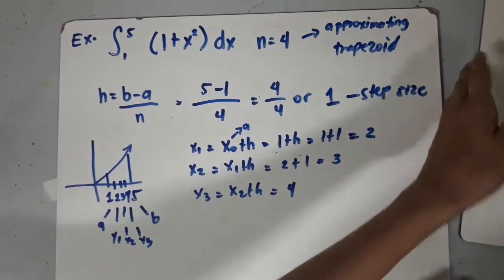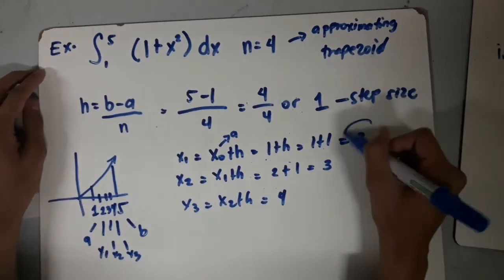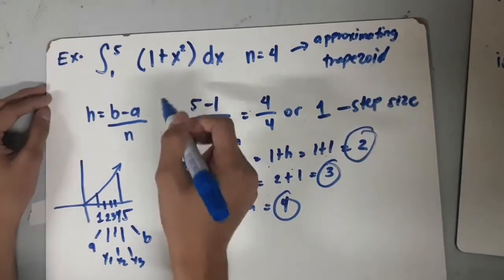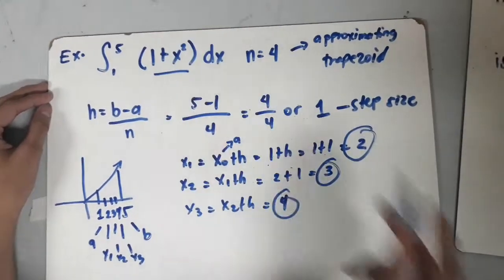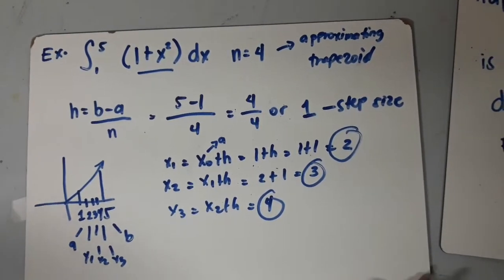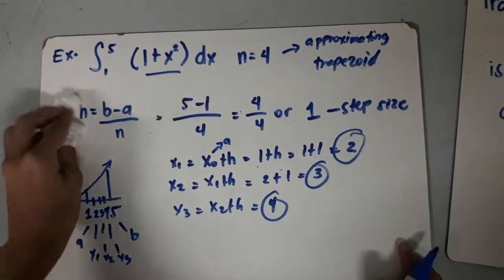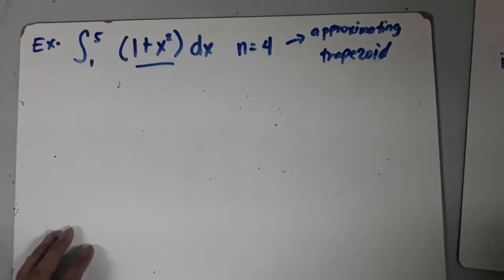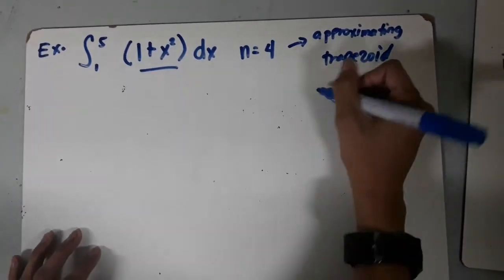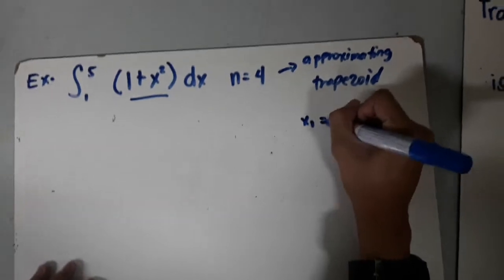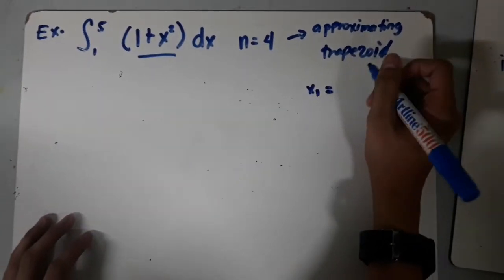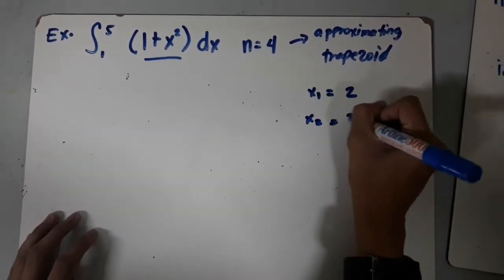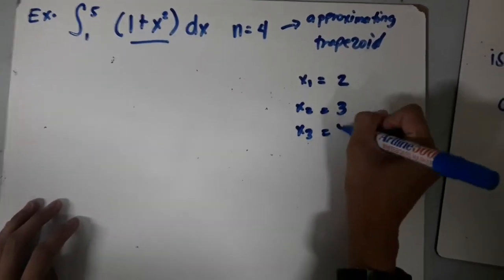All the values we computed for x sub 1, x sub 2, x sub 3, we will substitute into the given function. So I will put here x sub 1 equals 2, x sub 2 equals 3, then x sub 3 equals 4.